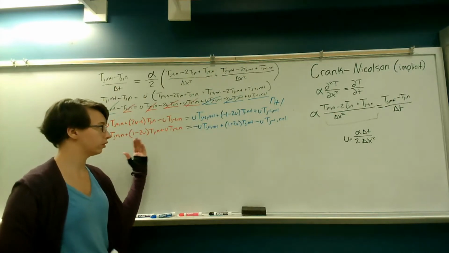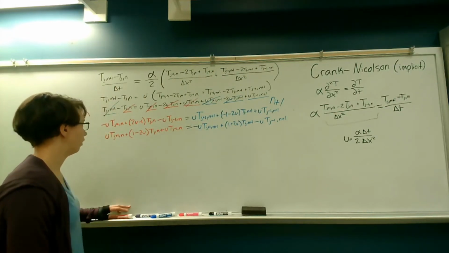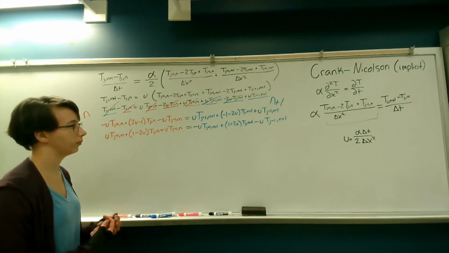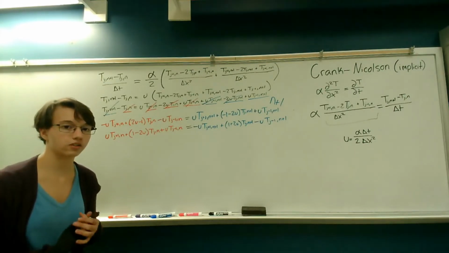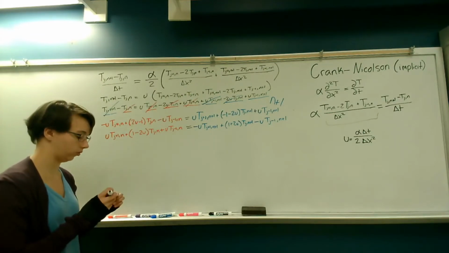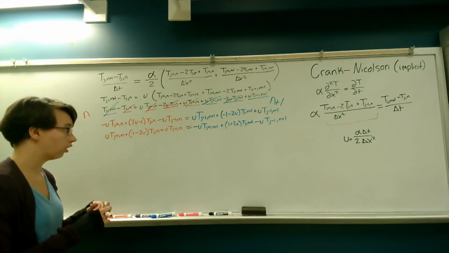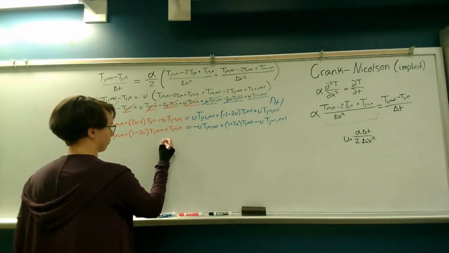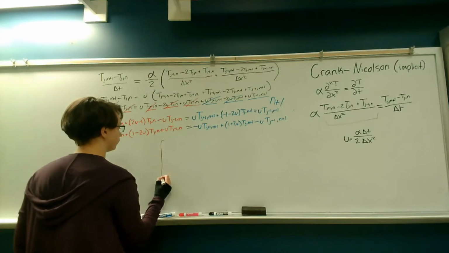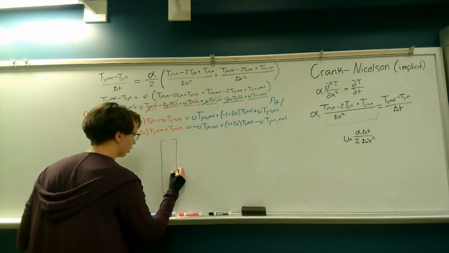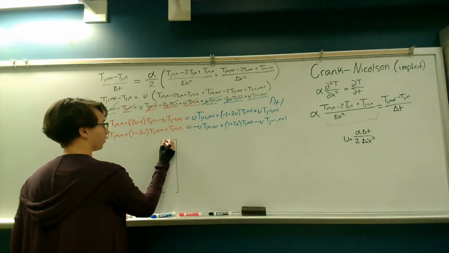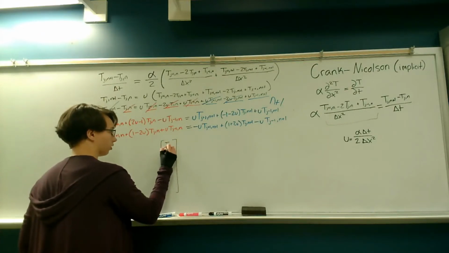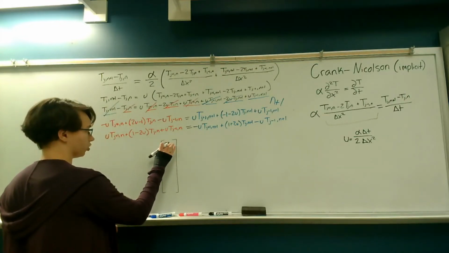And you'll notice it's pretty complex, and there are a lot of things that we don't know within this formula. So how we're going to solve this is by using a matrix. In this matrix, we're going to be solving for temperatures. So we'll have our temperature at 1, our temperature at 2, and these are j's.